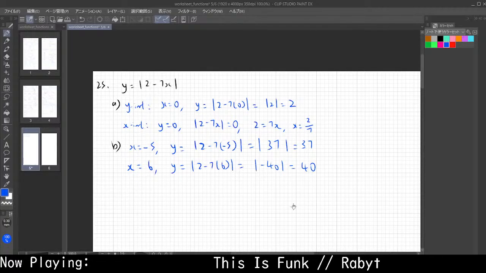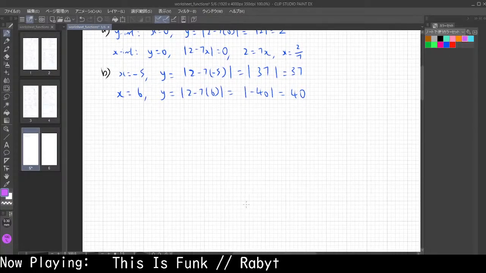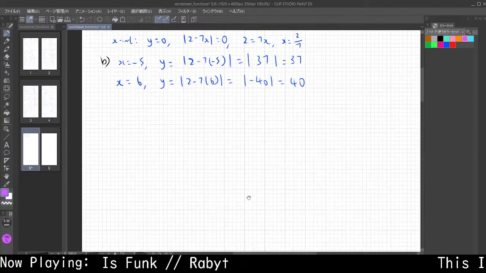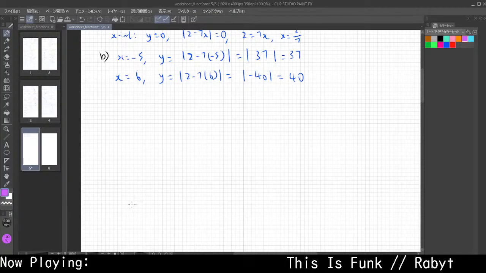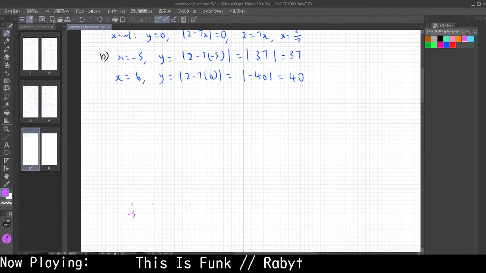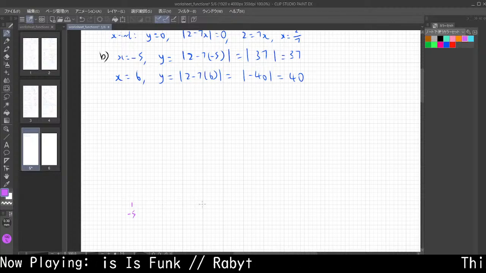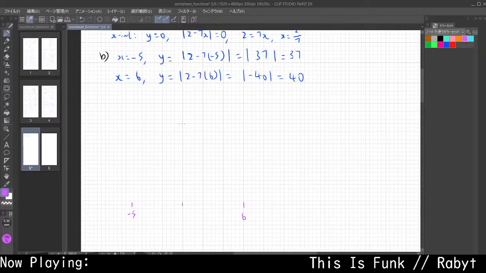Okay, sketch. 35 and 40, how much should this graph be? 4, 2, 0, 1, 2, 3, 1, 2, 3, 4.